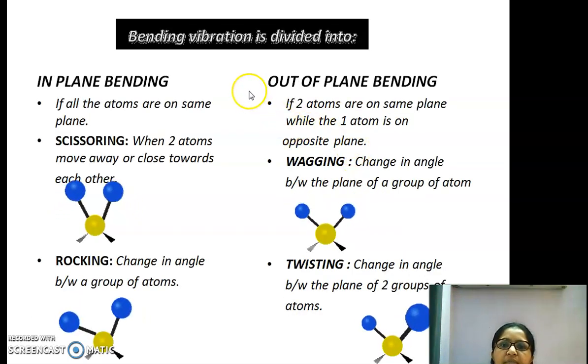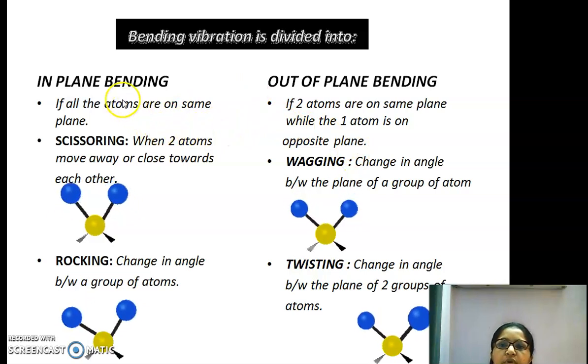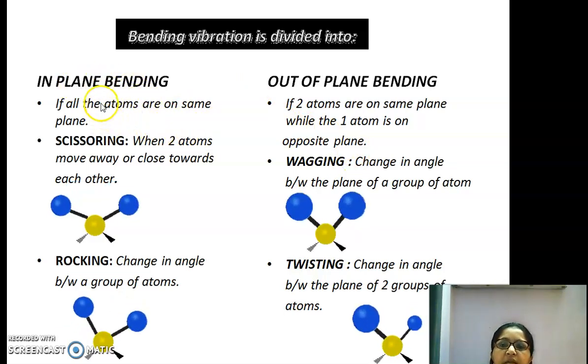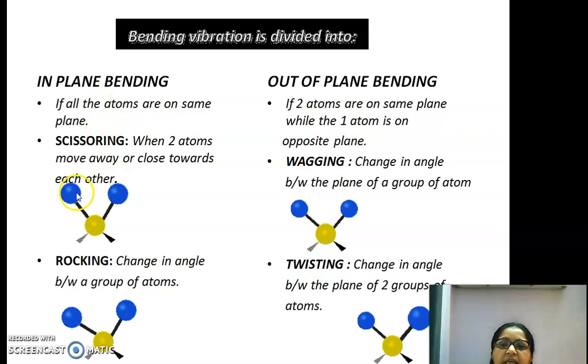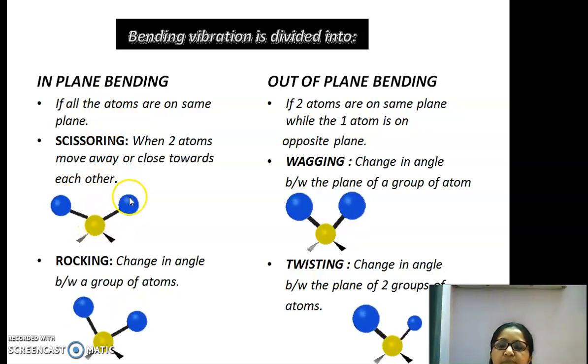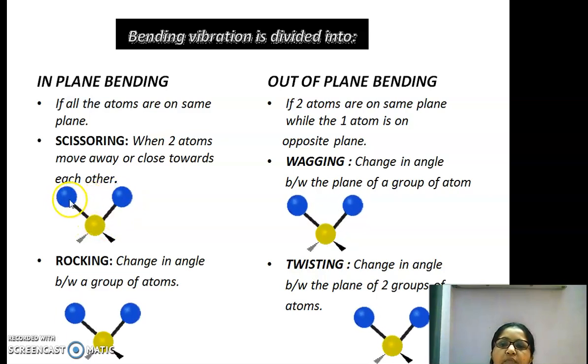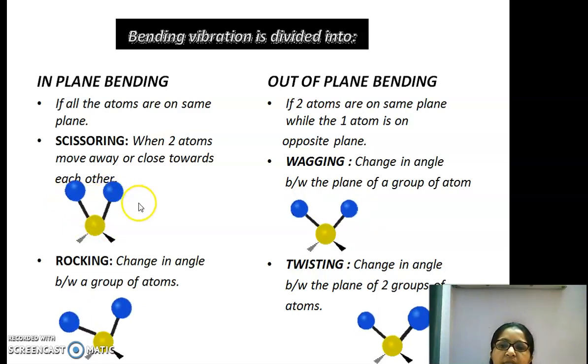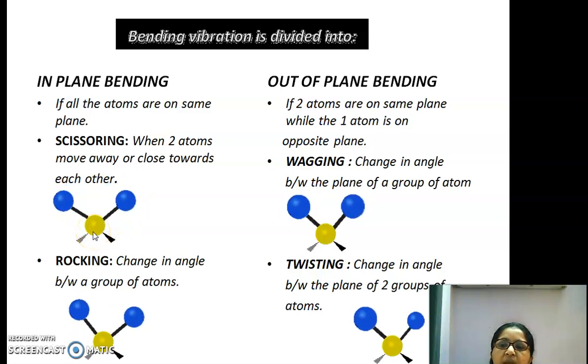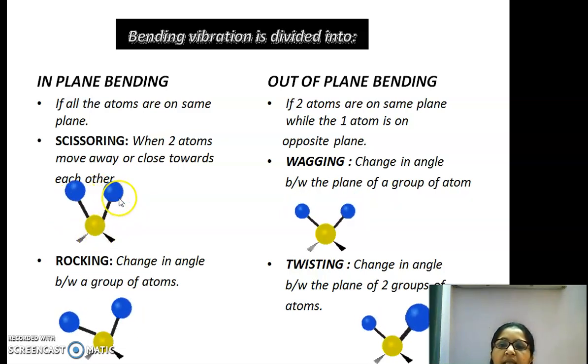Now it is bending. Bending also is of two types, I have told you already. In-plane bending. Now what is in-plane bending? Here, if you see, all the three atoms are on the same plane. And what is happening? Both the atoms bonded to this yellow atom are coming together to the same point and then again moving away.